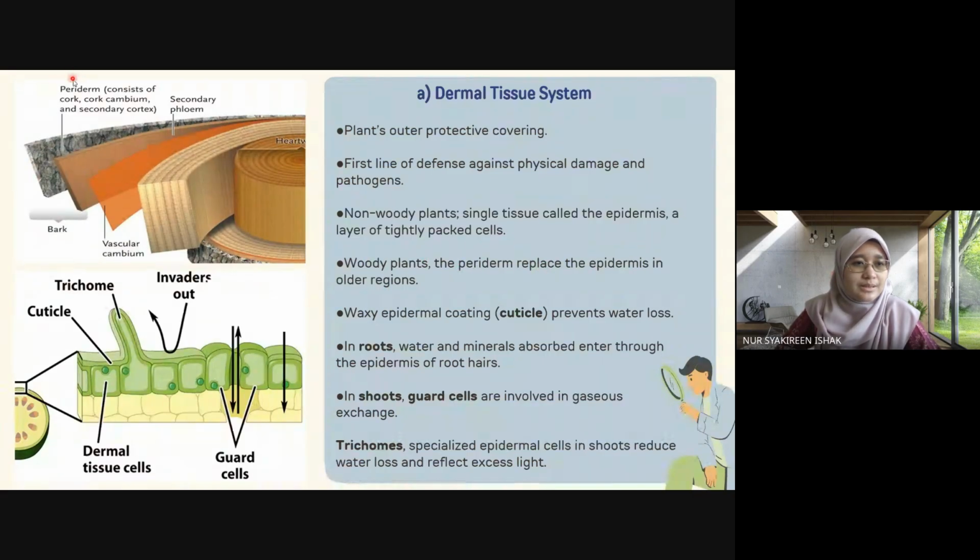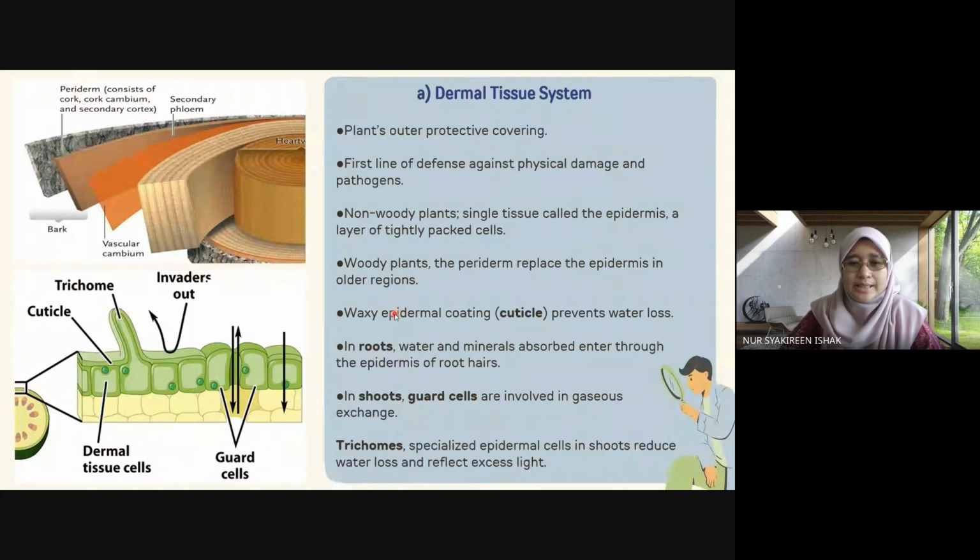The epidermis is the softer layer of the outer tissue, but the harder one is replaced with periderm. Periderm consists of cork, cambium, and secondary cortex.